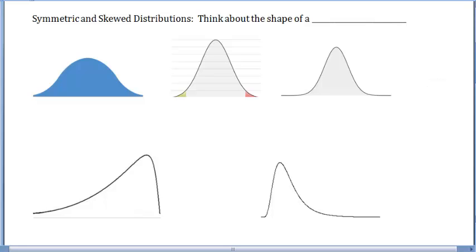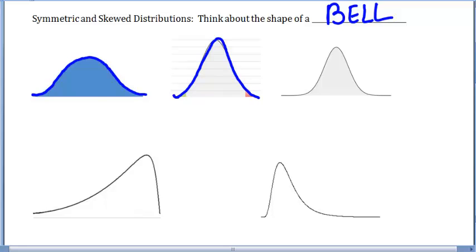Now when you think about distribution, think about the shape of a bell. Isn't this how the shape of a bell looks? It could be wider like here, or narrower like here. But if it's basically the shape of a bell, then this is called a symmetric distribution.